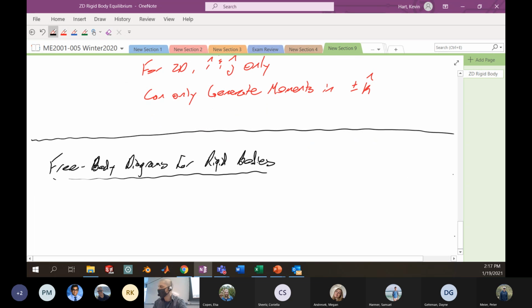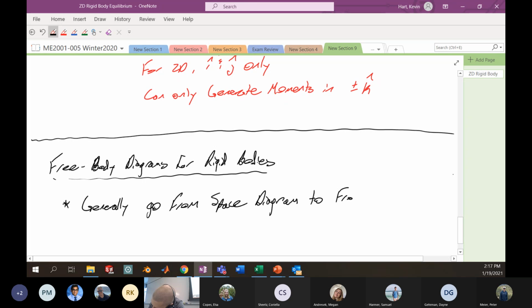Okay. And I've talked about this before, but when you have a space diagram that you want to make into a free body diagram, you have to isolate that object. Okay? So generally, we go from space diagram to free body diagram.